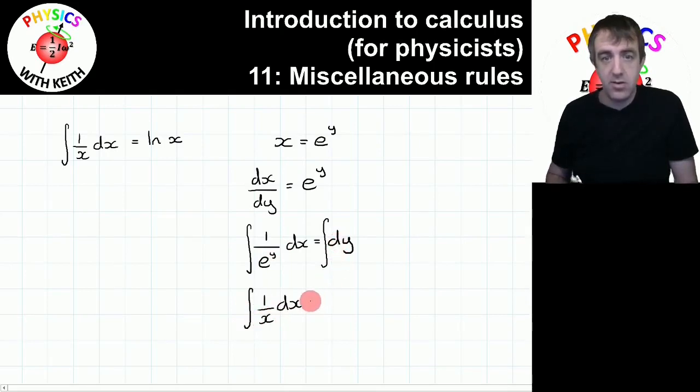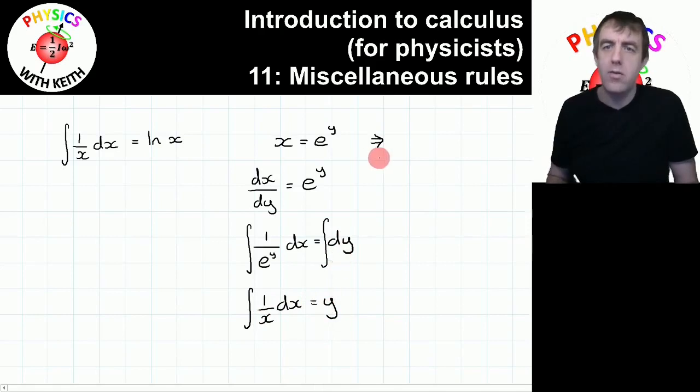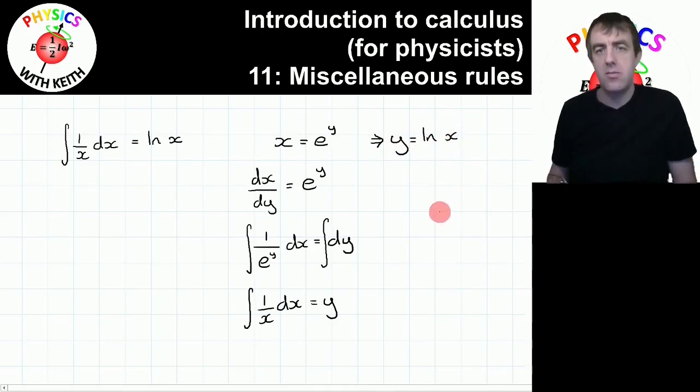And this bit over here is just y. Well, look, if x is e to the y, then y is the natural log of x. That's the notation we use for logs. This is log to the base e that gives you x is y. The logarithm with the base e that gives you an answer of x is y.